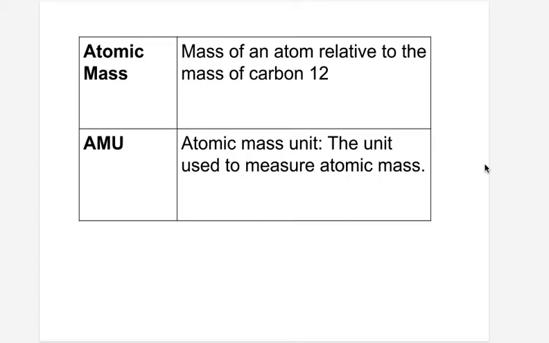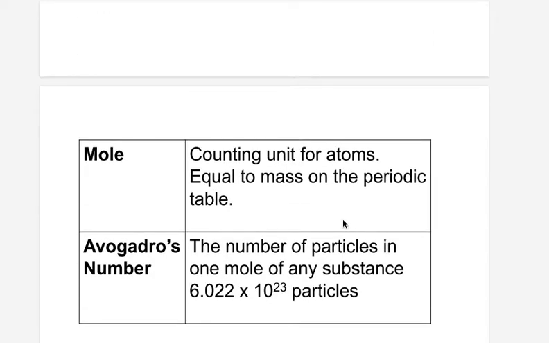Atomic mass is measured in atomic mass units, also known as AMU. Very simple, again, used to measure atomic mass because atoms are really, really small. So it'd be really hard to use a unit like grams, let's say, because we'd be talking about billions and trillions of a gram, and something that we really can't measure in that sense.